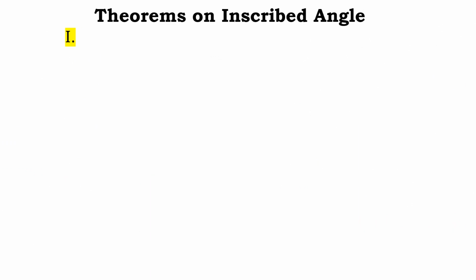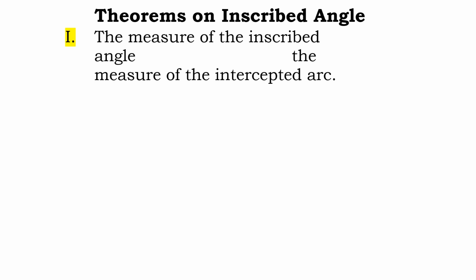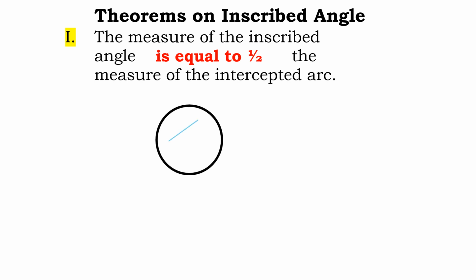Theorems on inscribed angle. The measure of the inscribed angle is equal to 1/2 the measure of the intercepted arc. In the given figure, we have here angle BAC.